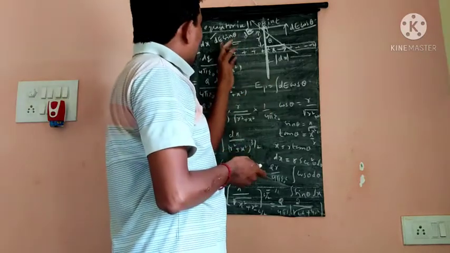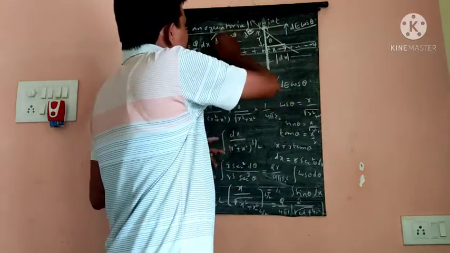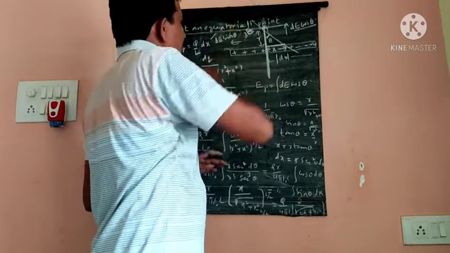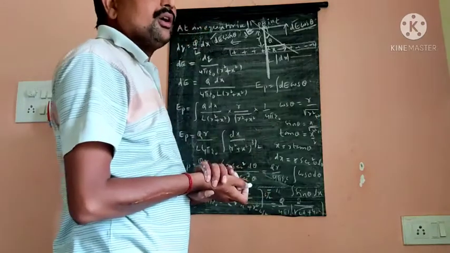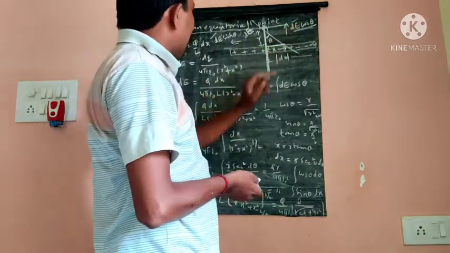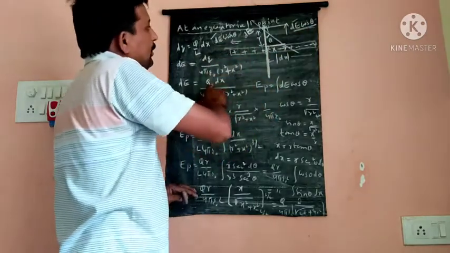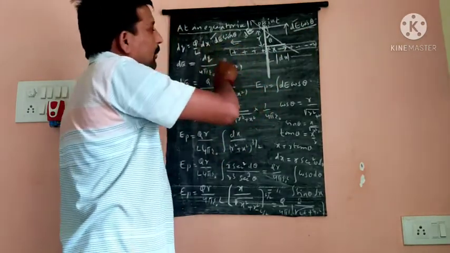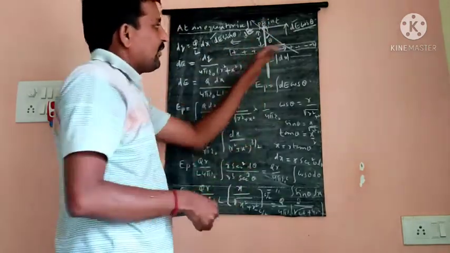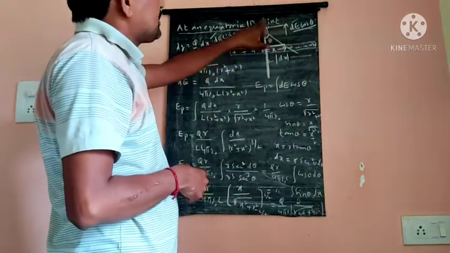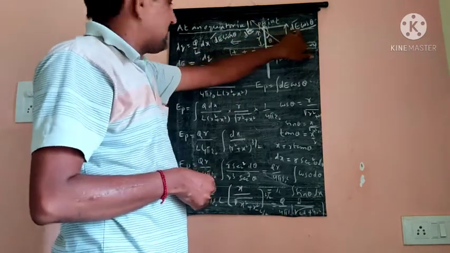The perpendicular components cancel at point P, so only the parallel component dE cos theta remains. By integrating dE cos theta, we can find the total field strength at point P, the equatorial point.